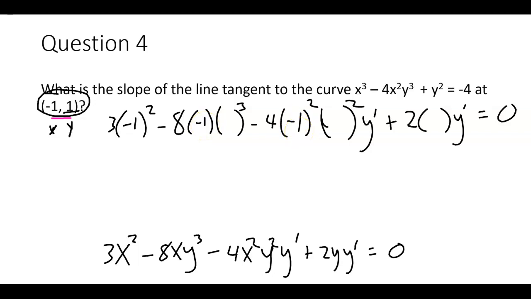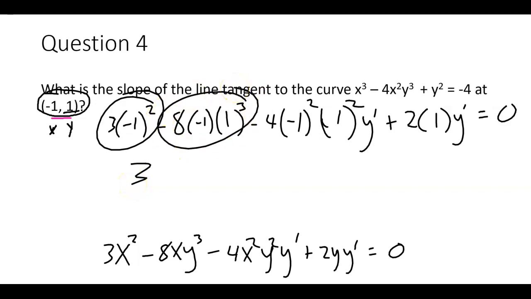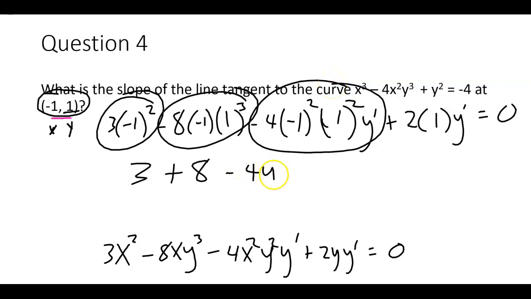And for the y's, we're plugging in a +1. And let's just go ahead and simplify this. So this part here becomes 3. This whole thing right here is going to become 8. This whole piece right here, that's going to be 1 times -4 is -4y. And then this whole piece right here is going to be 2y prime.